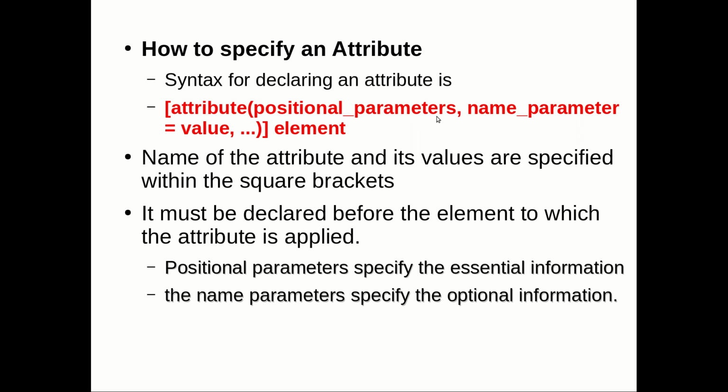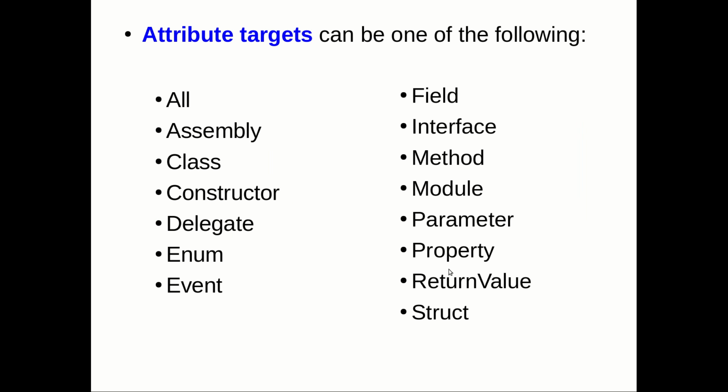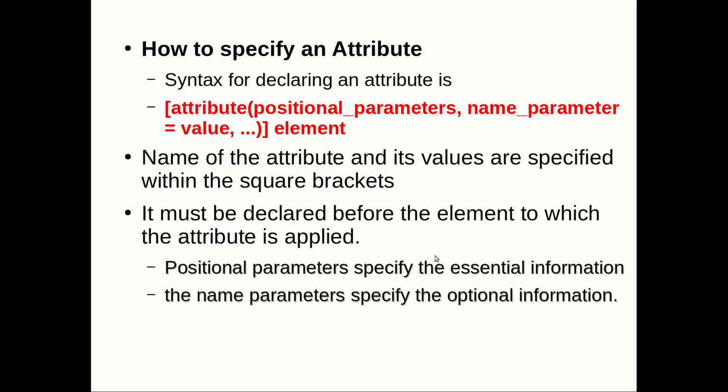After the positional parameters, we give the name value pair parameters, and then this square bracket must be followed by the element. By element here I mean the classes or the methods or the assembly or whatever elements you have here, or it can be an interface, or a data member or a data field, or a property. So these are what you call the elements.